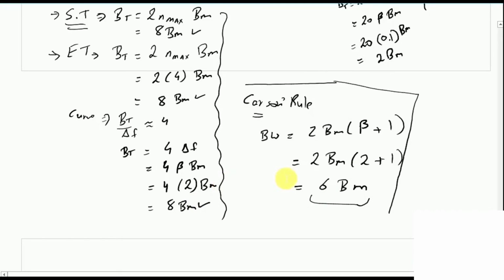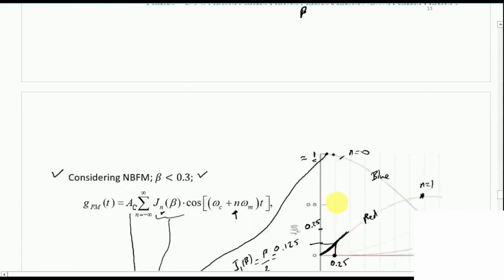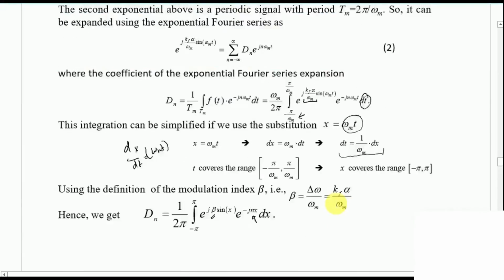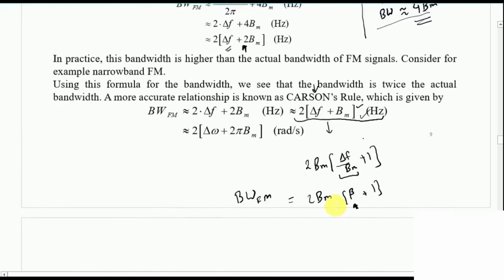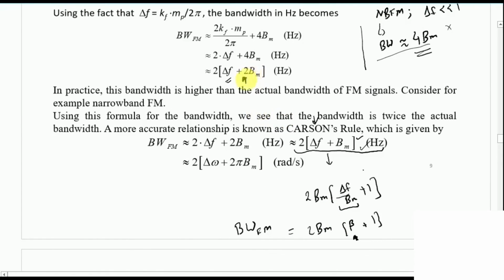So just one quick reflection, why is Carson's rule underestimating? Remember when we did the visualization previously, in the visualization we had 2 delta f plus 2 bm, but as per Carson he said this is overestimating, so he got rid of this value 2, right?